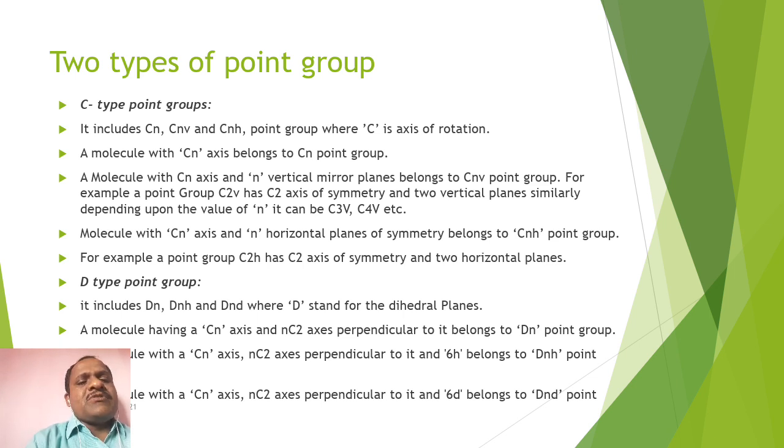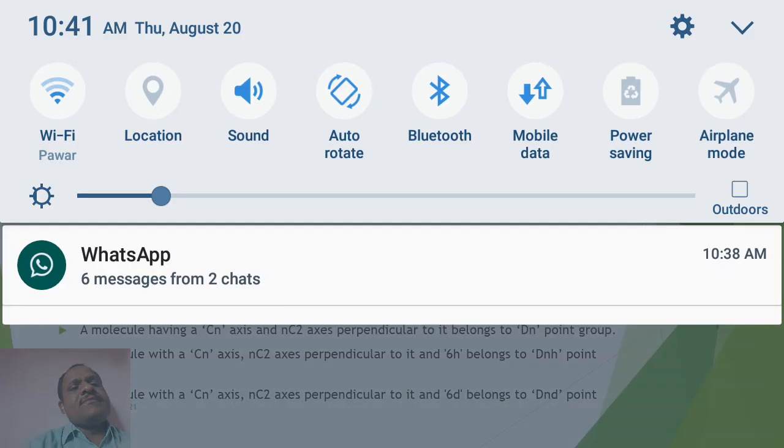For example, the C2h point group. In the C2h point group, there is a C2 axis and 2 horizontal planes. This can be understood with the help of this example.